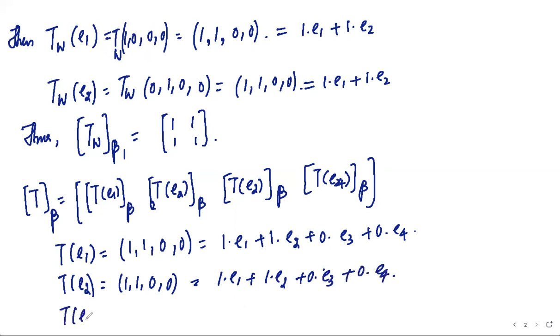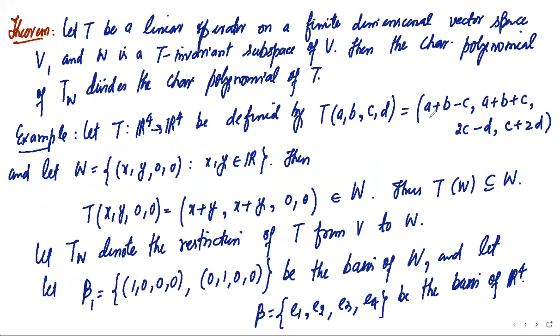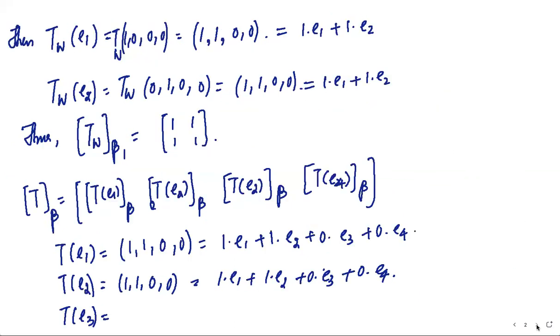And now T of E3. This is equal to (-1, 1, 2, 1). In the standard basis, this is -1 times E1, plus 1 times E2, plus 2 times E3, plus 1 times E4.